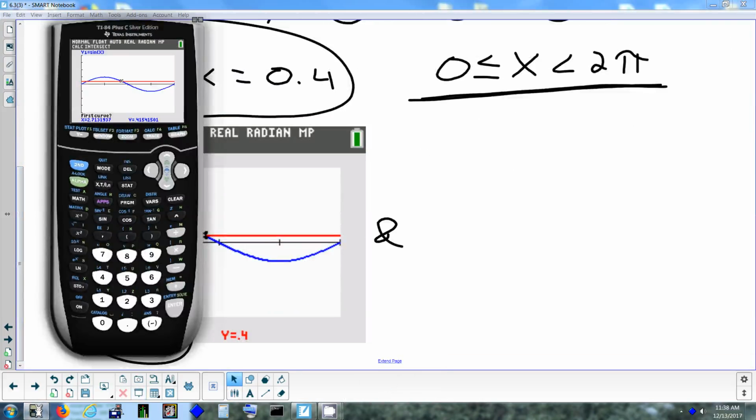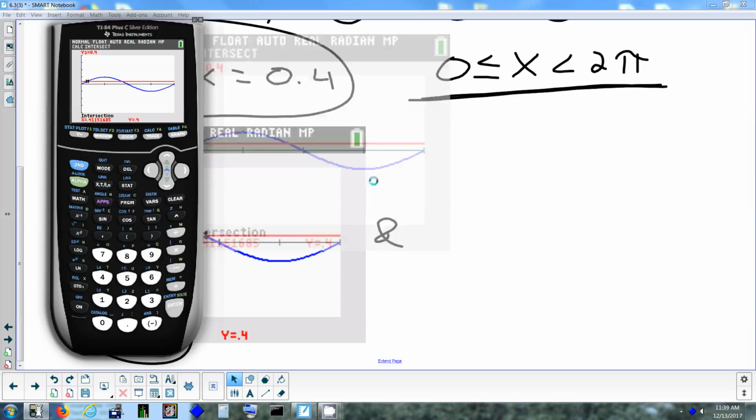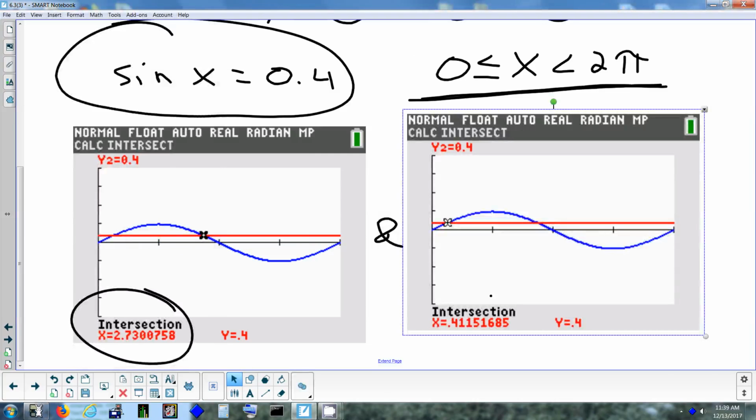You should put your points closer to the other intersection. Not the first curve or the second curve point, that doesn't really matter. What matters is the guess. We've got to move that closer. That should probably be close enough. And now it gives me the other one. So the two answers here are 2.73 and 0.411.